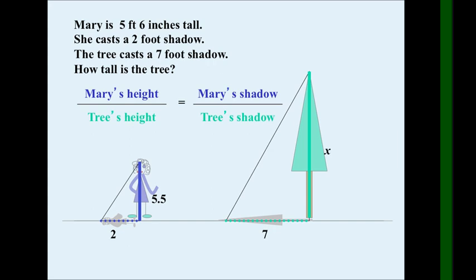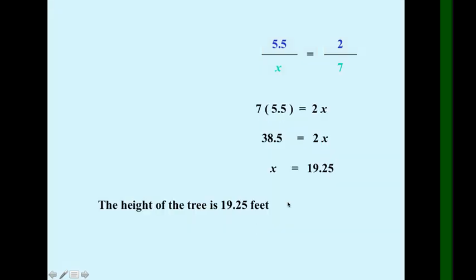Mary's shadow is 2 and the shadow of the tree is 7. So we have 5.5 over x equals 2 over 7. So cross multiply, we have 7 times 5.5, 2 times x. Multiply 7 times 5.5 is 38.5, divide both sides by 2, you will get 19.25. Therefore, the height of the tree is 19.25.